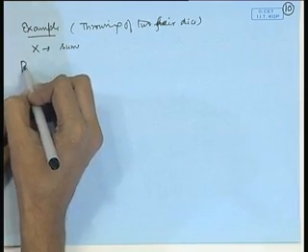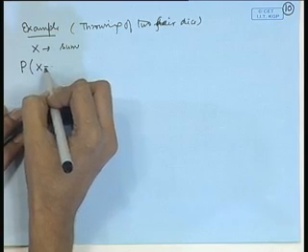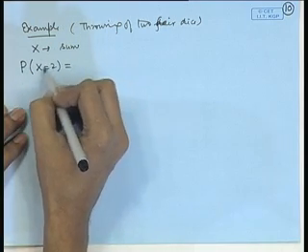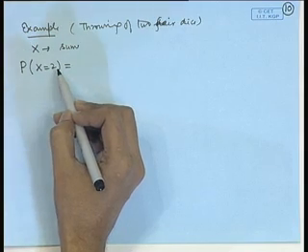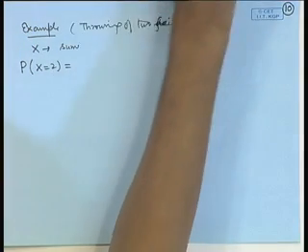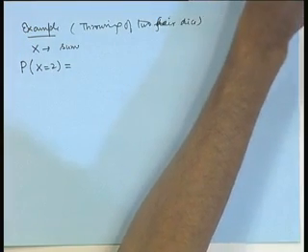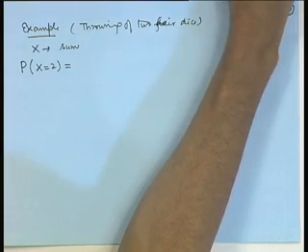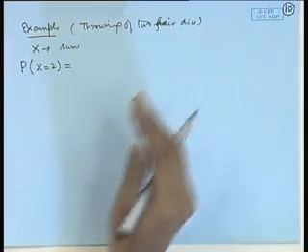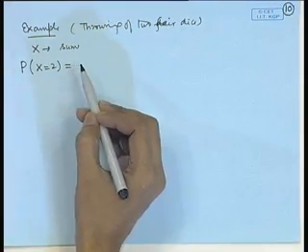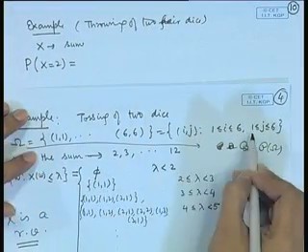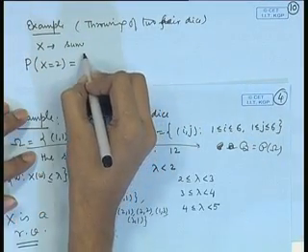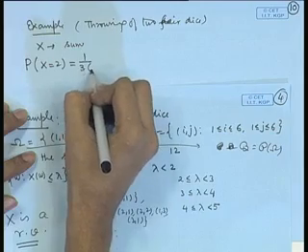The probability of X is equal to 2 corresponds to the event that the outcome is 1 1. So there is only one outcome out of 36 outcomes. So if it's a fair die, the probability of this will be 1 by 36.